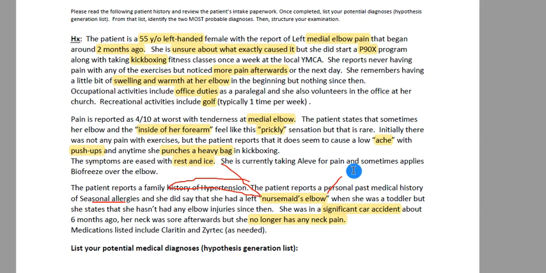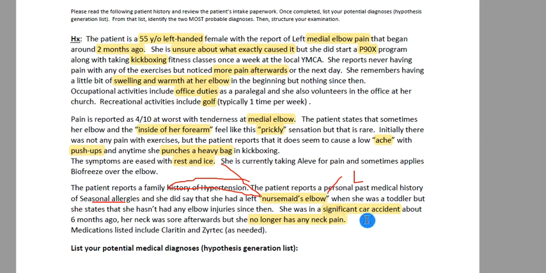We know that's going to affect primarily the lateral aspect of the elbow, where the radial head articulates with the humerus, so more of a radial head dislocation. So it's interesting that that was a previous history. It may indicate that she has a general ligamentous laxity, a lack of ligamentous tightness or stiffness to her joint structure, but it doesn't really tell us too much.